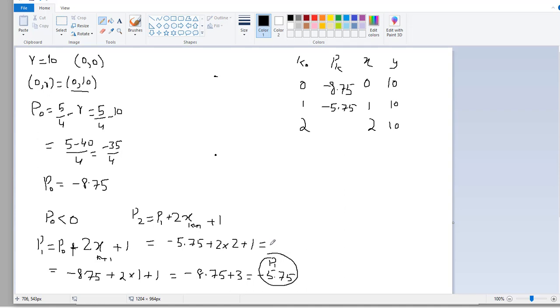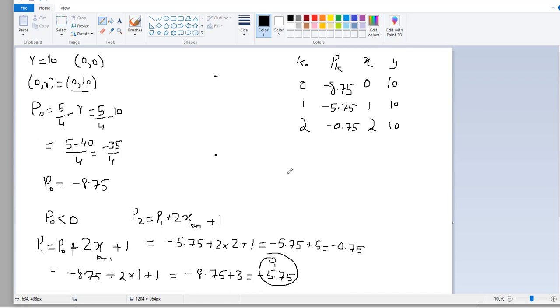This is equal to minus 5.75 plus, this is 4 plus 1, 5. This is equal to minus 0.75. So that will become minus 0.75. We can see the difference of 3 is coming here, but the next time it will not be different. So let's try one more time. Again it's less than 0.